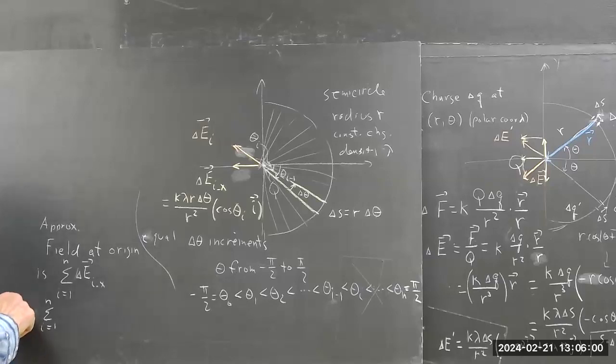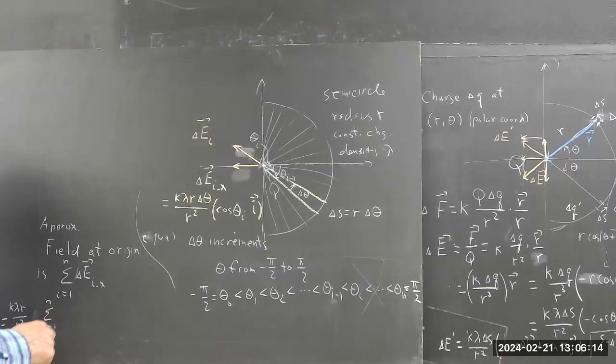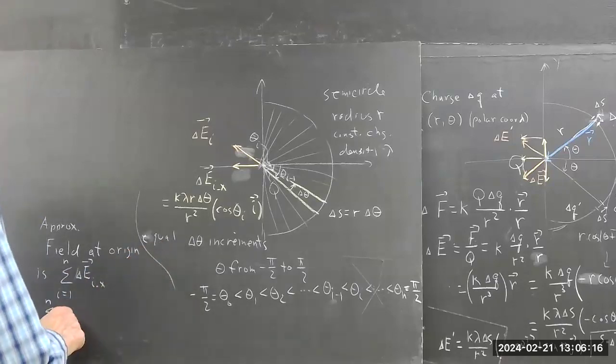I'll put my lambda R over R squared out here in front. And of course, the R divides the R squared. We'll do that in a minute. And then we have the sum of what?